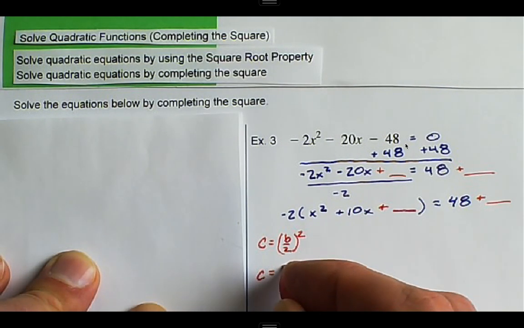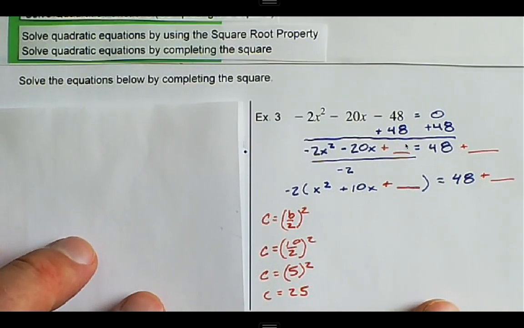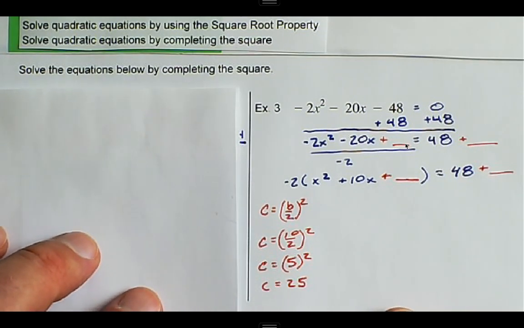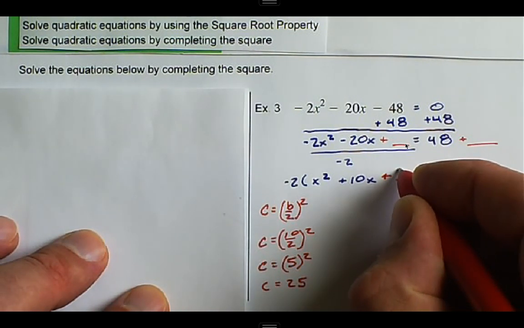So c is equal to 10 divided by 2 squared. 10 divided by 2 is 5, so that's equal to 5 squared. So c is equal to 25. That's the value that we're going to add to this side over here.